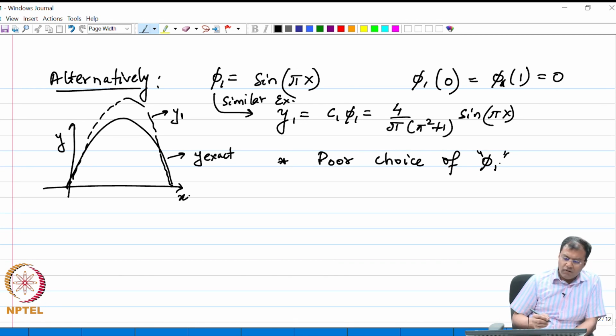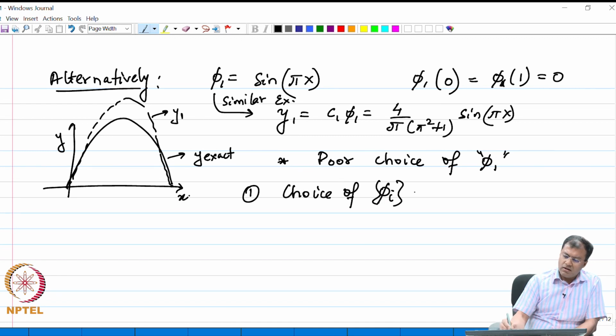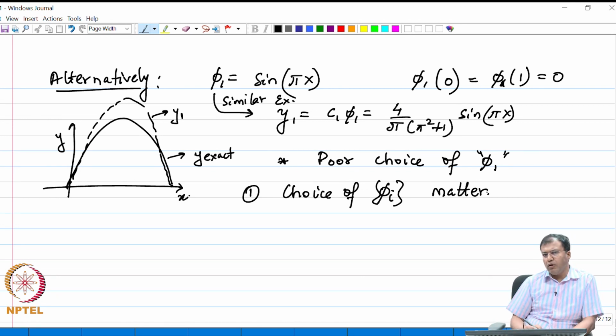So the moral of the exercise that we have done so far is that the choice of the basis functions phi i's matters. I am not going to go into more detail as to what sort of phi i's will be suitable for what sort of functional, but I am definitely going to give a reference which talks in depth about the choice of the Ritz basis function.